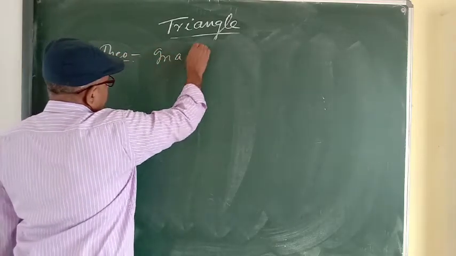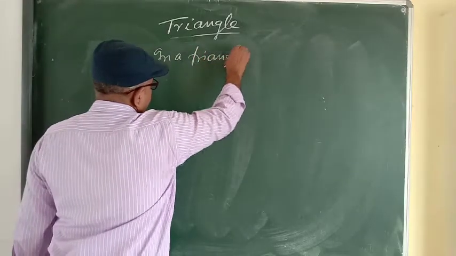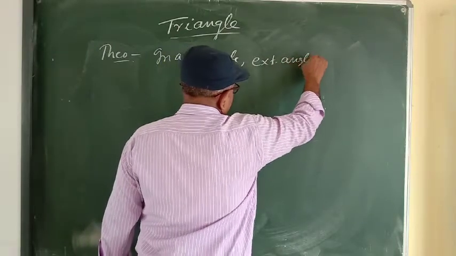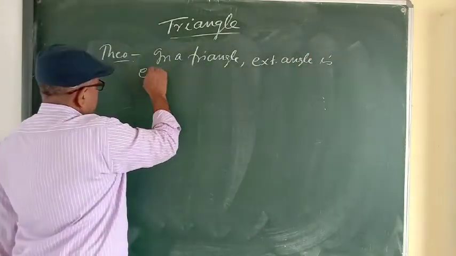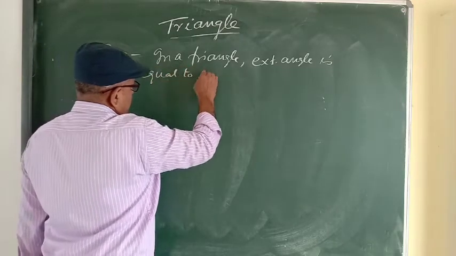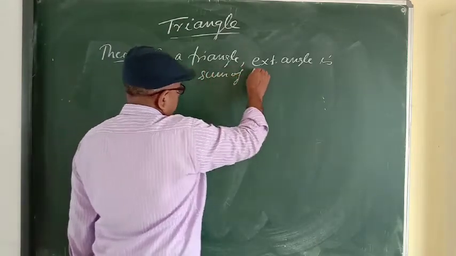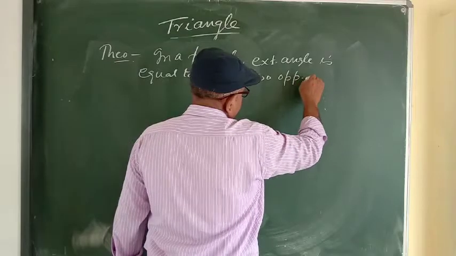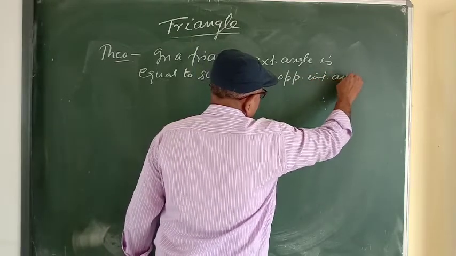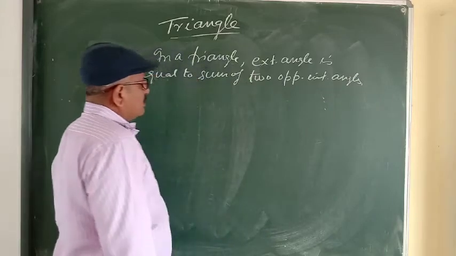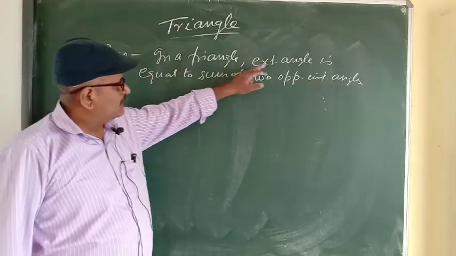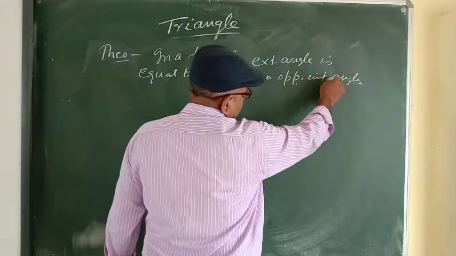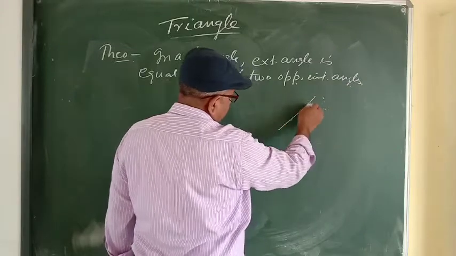In a triangle, the exterior angle is equal to the sum of the two opposite interior angles. So see what the opposite interior angles are.